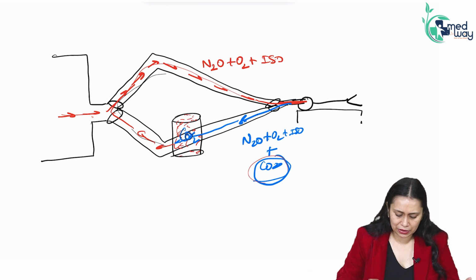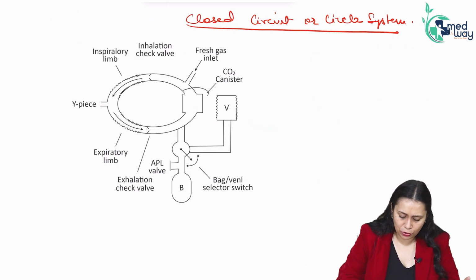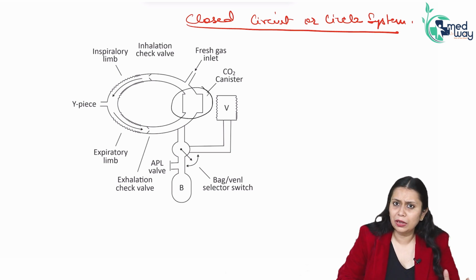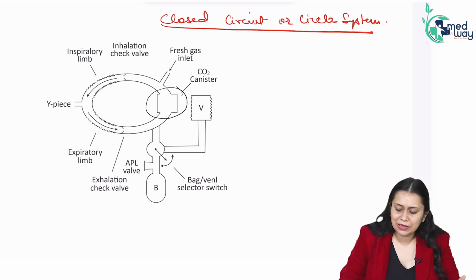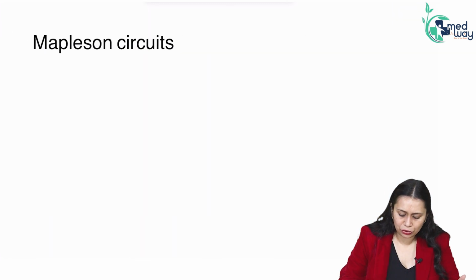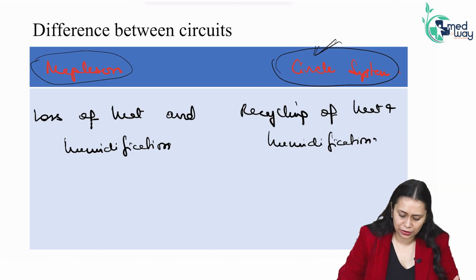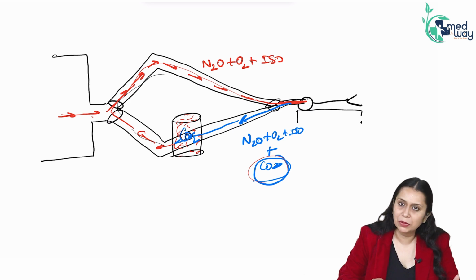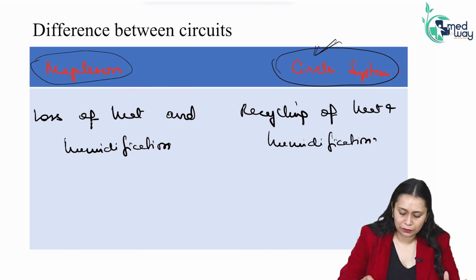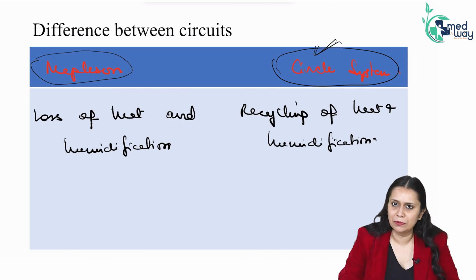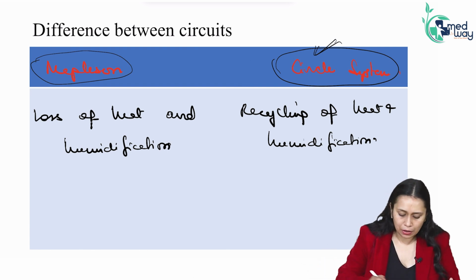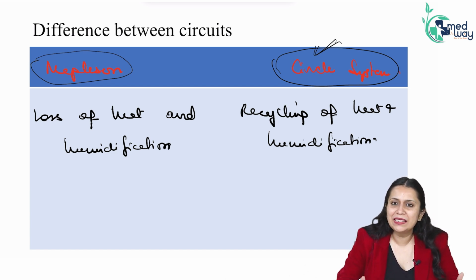Well, if you see the circle system, it has a CO2 absorber attached to it, and this CO2 absorber is attached to your anesthesia machine. So your circle system can only work with an anesthesia machine. It cannot work independent of the machine. But your Mapleson circuit is a lightweight, simple circuit which can be used in places where the anesthesia machine is not kept, with the help of a cylinder.